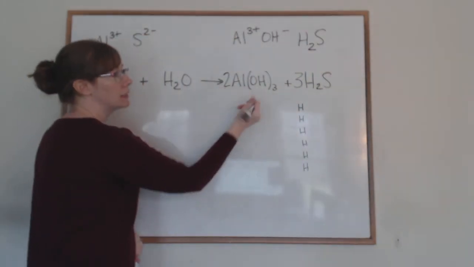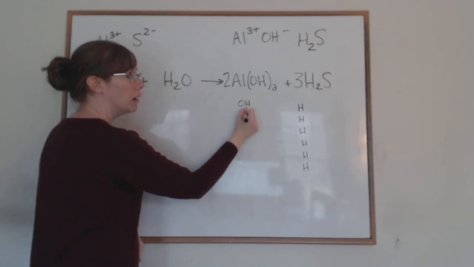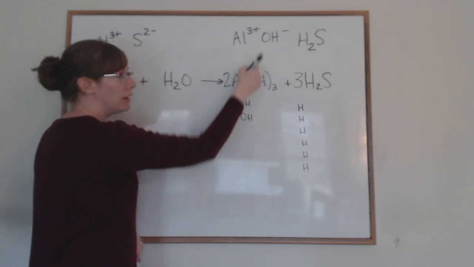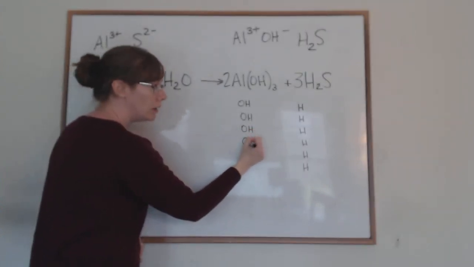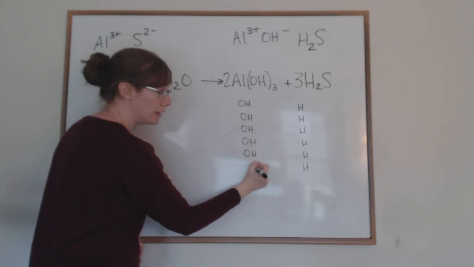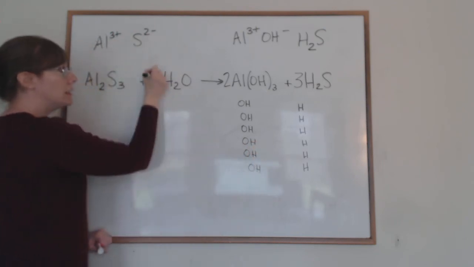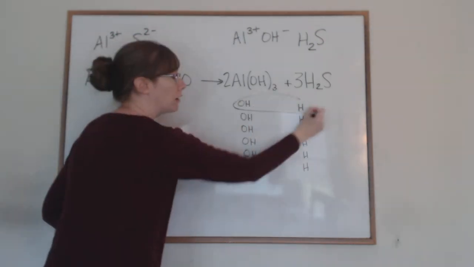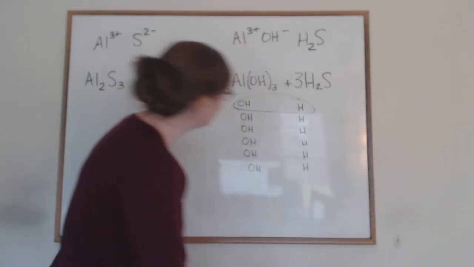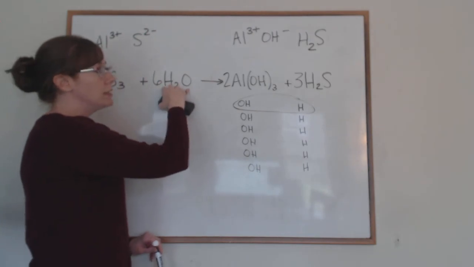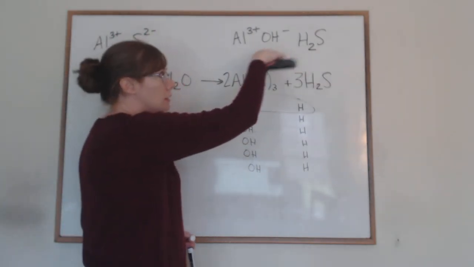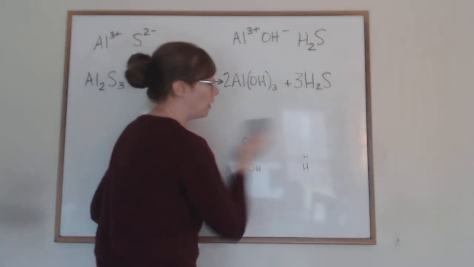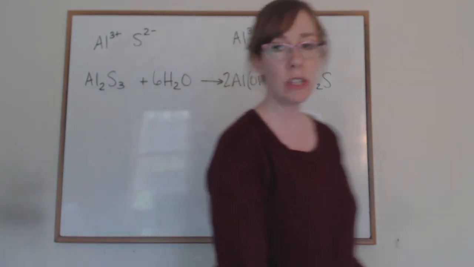And I've got 6 OHs here because I've got 3 in each and I've got 2 copies. So in my head, I've got 6 waters that will come out of that because each of these will make a water. So you can really do that anytime that the water is on one side and then on the other side you have H's combining with OHs to get you the waters. That's how I usually do it.